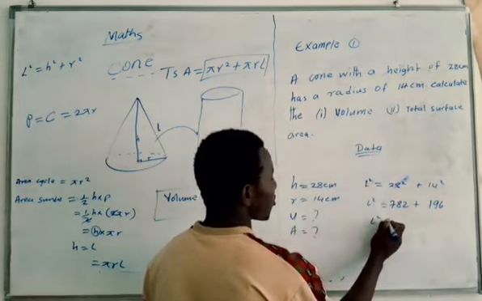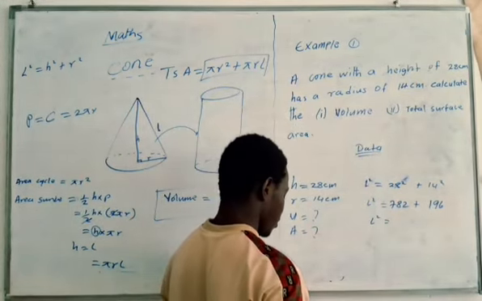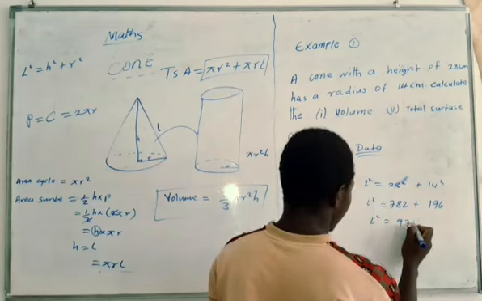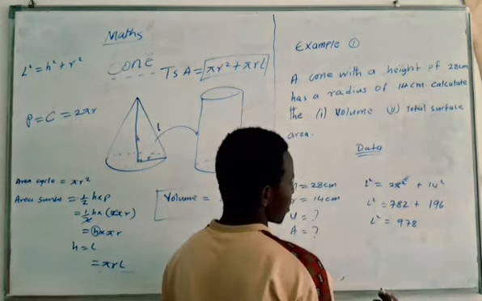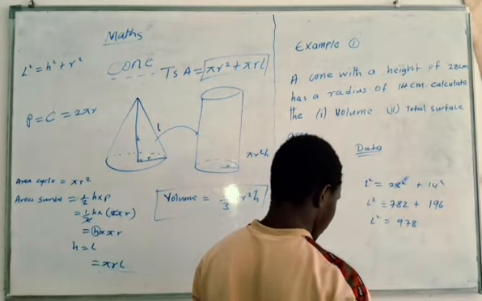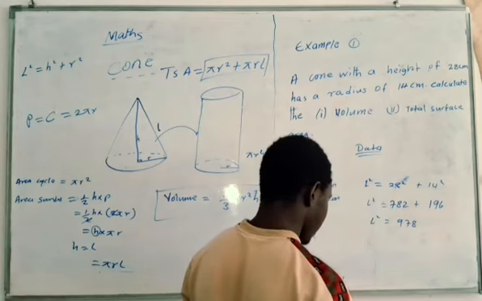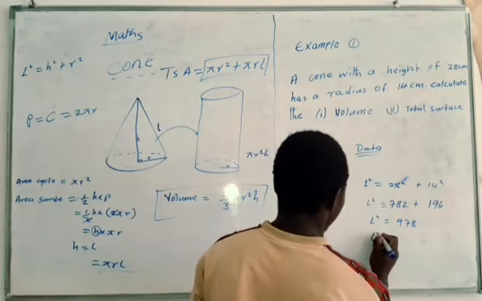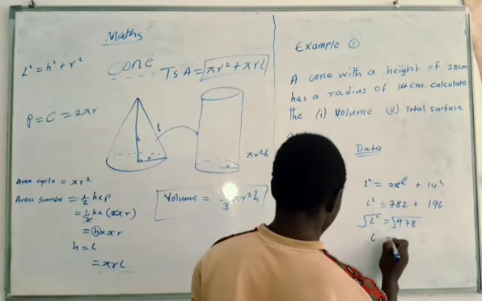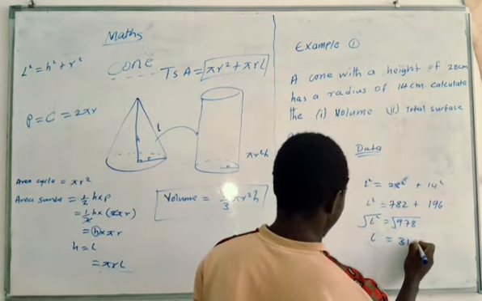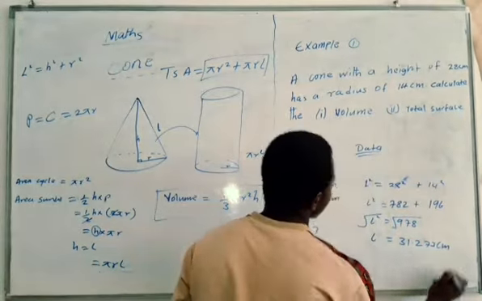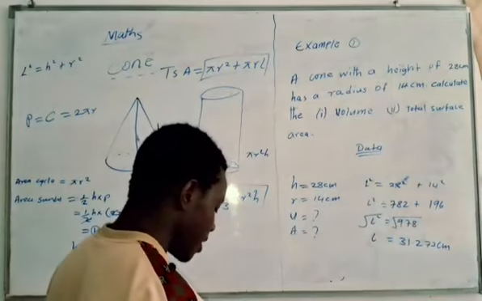If we add it up, that will give us 980. Now if we find the square root of that, we get L. Let me take the square root from here. So L is going to give us 31.3, and so on. We can leave it in this format for now. So this is the slanted height.